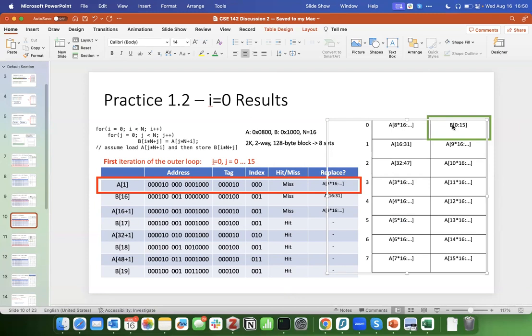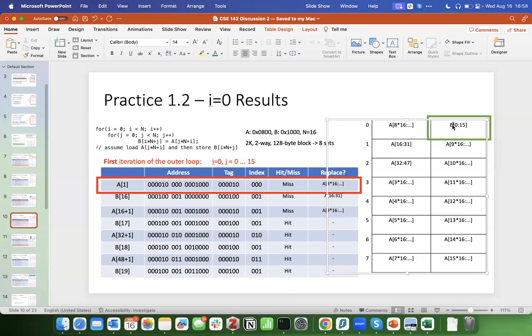But if one of them is taken by B, now I have 17 blocks. I use 17 blocks in the first iteration, and that is too big for the cache. In the first iteration, I accessed 17 blocks in total: every block of A and also the first block in B. Even if this is fully associative, the first block in A is the one I first accessed.